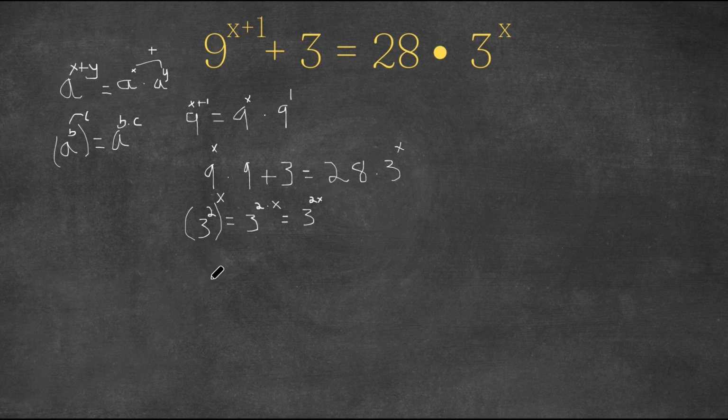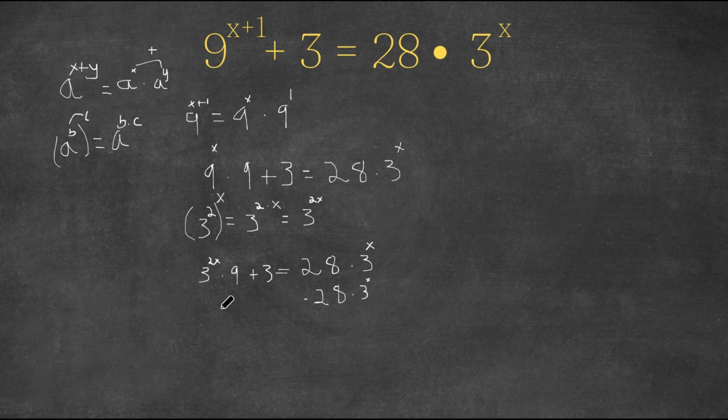So now we can rewrite our equation as 3 to the power of 2x times 9, plus 3, equals 28 times 3 to the power of x. All right, so now we're going to subtract 28 times 3 to the power of x on both sides.